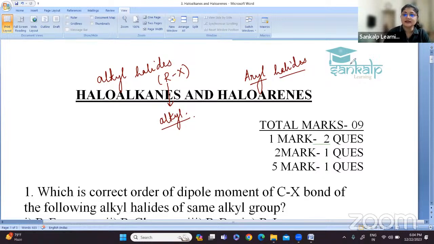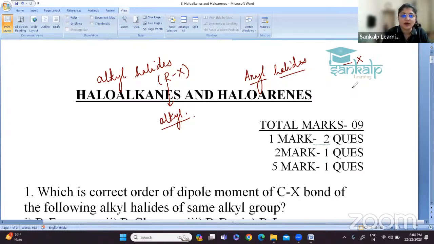What are aryl halides? Here the halogen atom is attached to an aromatic hydrocarbon. What do you mean by aromatic hydrocarbons? Aromatic hydrocarbons are those made up of benzene rings, benzene compounds.